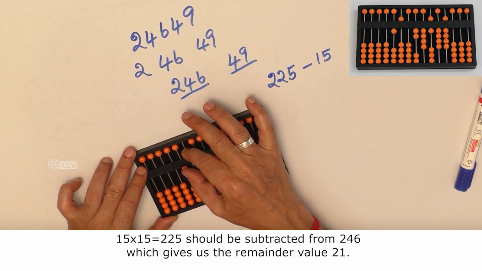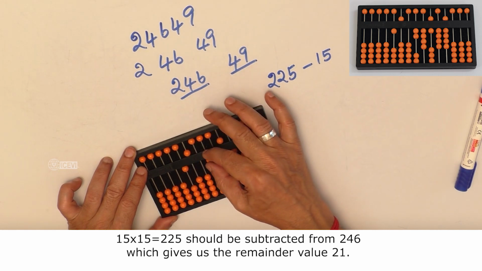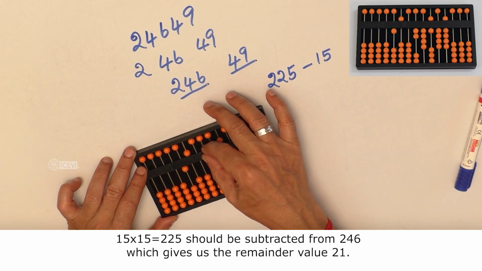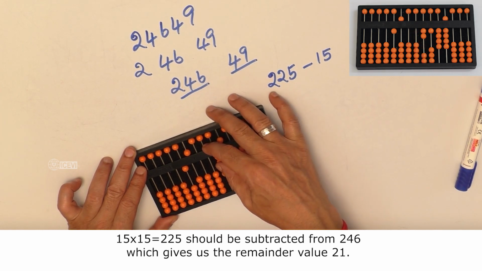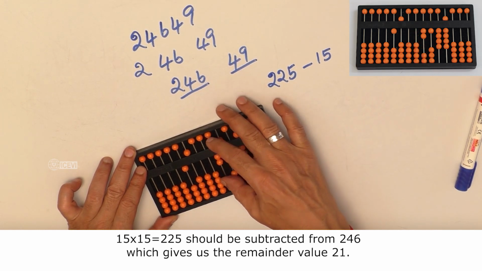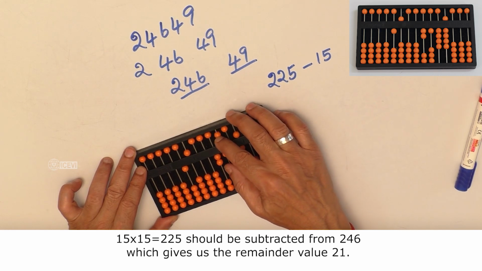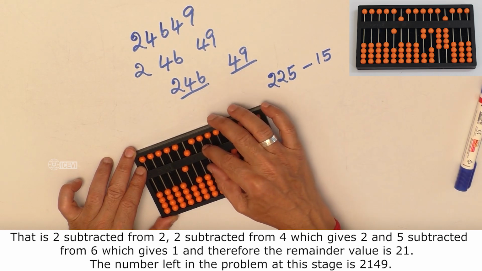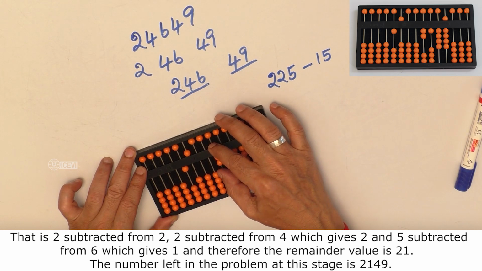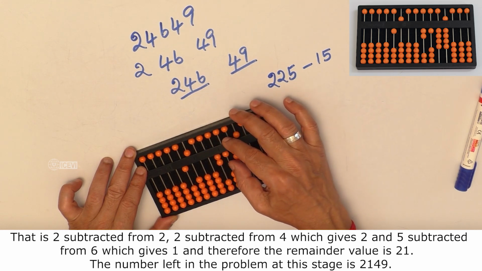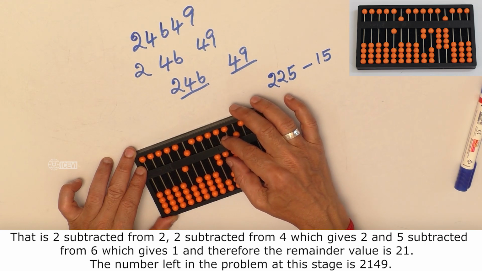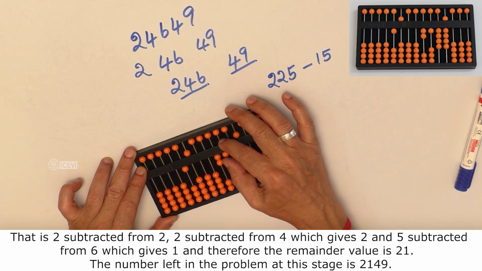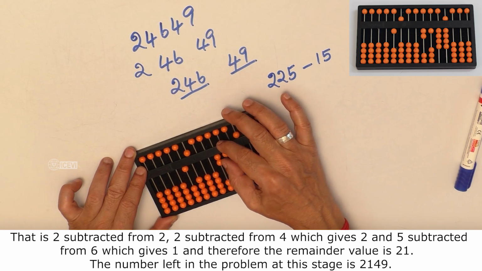Now 15 multiplied by 15, which is 225, should be subtracted from 246, which gives 21. That is, 2 subtracted from 2, 2 subtracted from 4, which gives 2, and 5 subtracted from 6, which gives 1. And therefore, the remainder is 21.